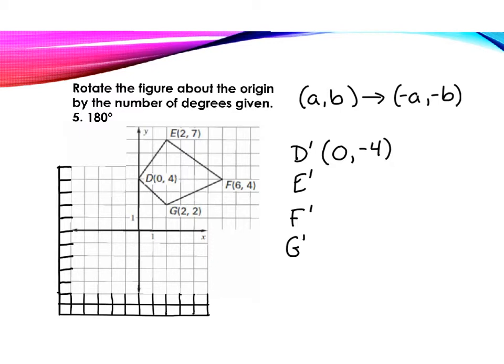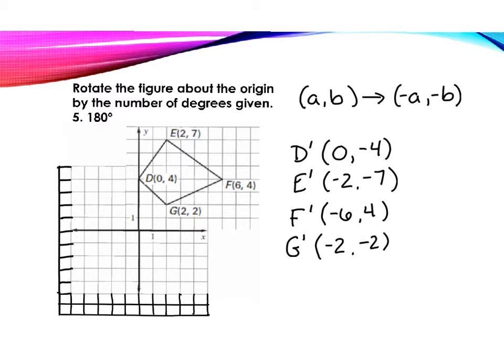All of our X and Y values are positive. So E, (2, 7) becomes (negative 2, negative 7). And then F, (6, 4) becomes (negative 6, negative 4). And then G becomes (negative 2, negative 2).